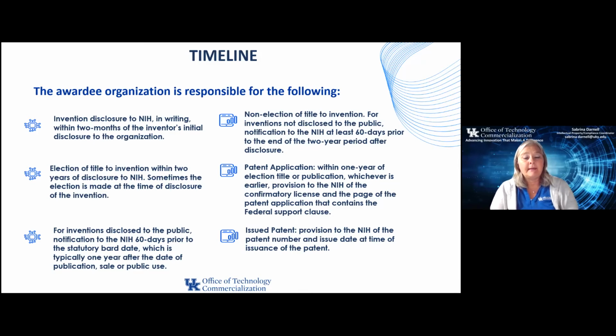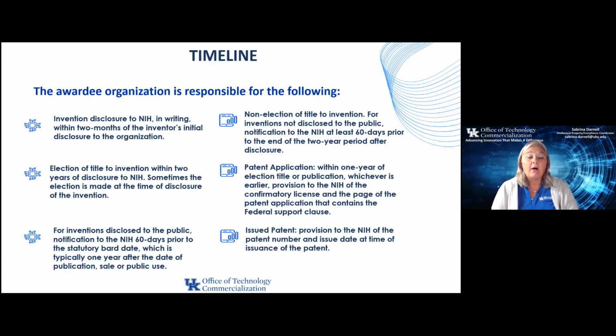Then the next step is filing an initial patent application on the invention. We have 1 year from election of the title or prior to the end of any statutory period, and in foreign country or international patent offices within 10 months.